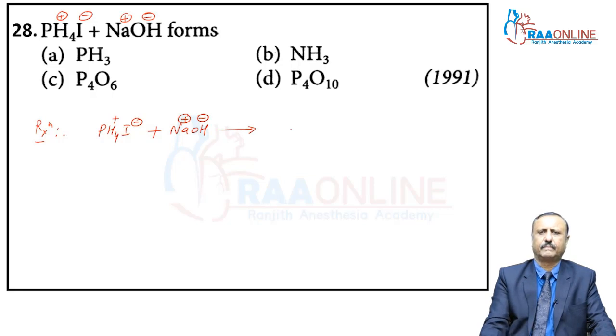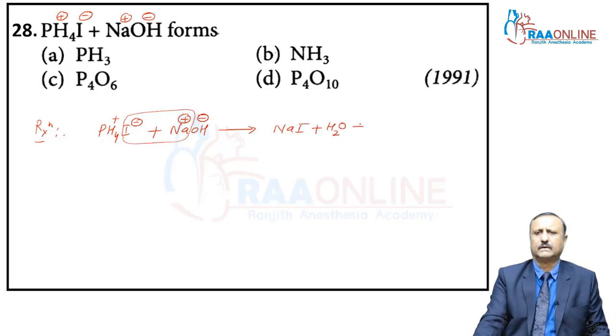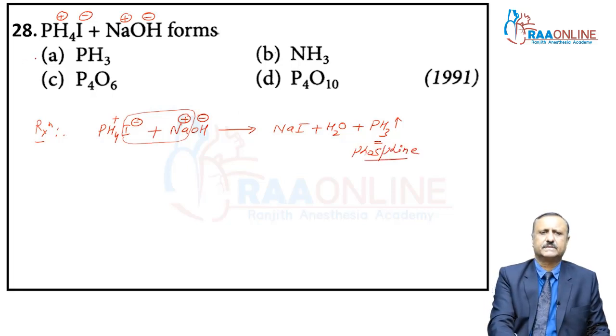You can get sodium iodide, and PH4+ gives H+ to OH- to form water, and this PH3 is evolved. This is phosphine gas. So, my dear students, you can get this phosphine gas PH3.